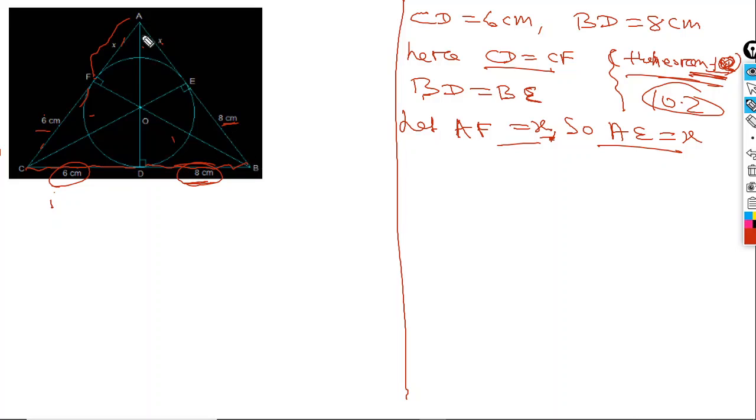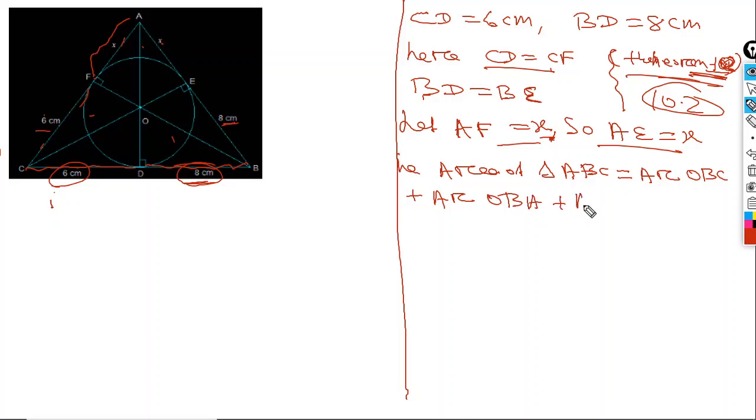So here you can write area of triangle ABC equals to area OBC plus area OBA plus area OAC.